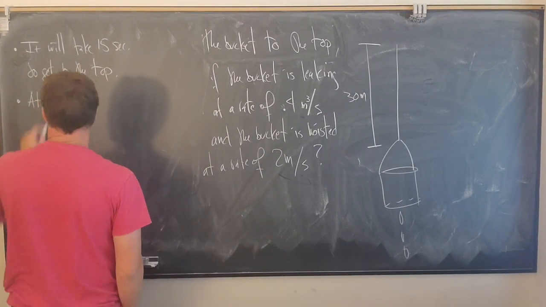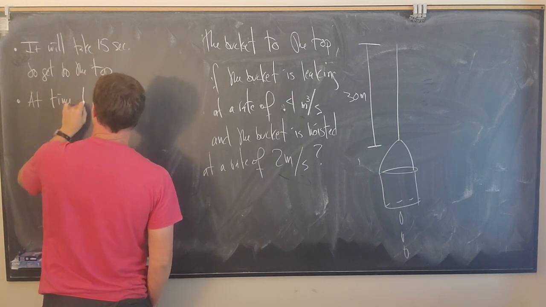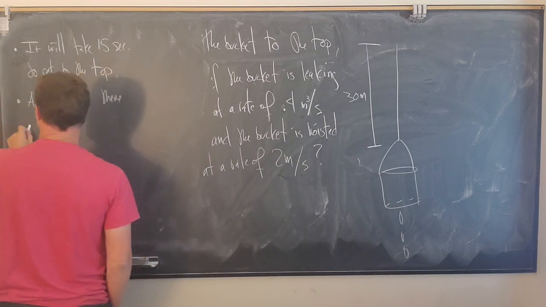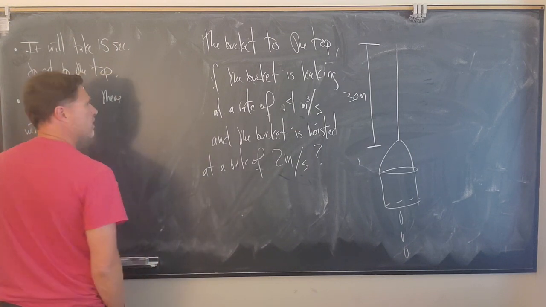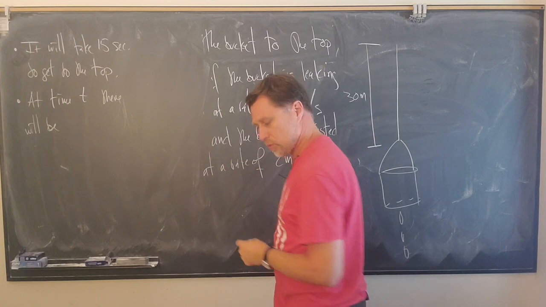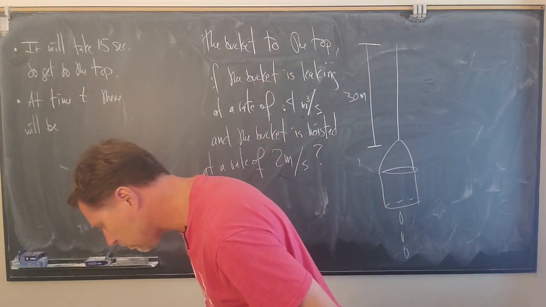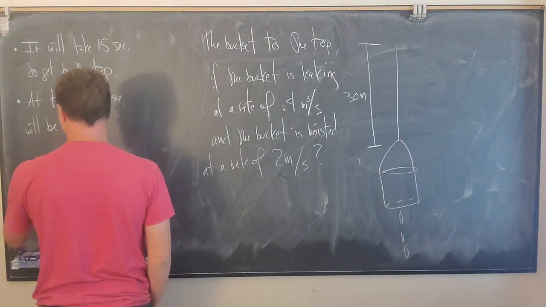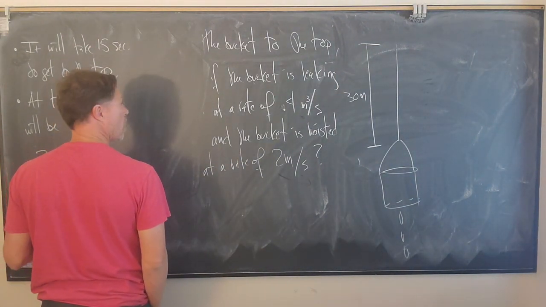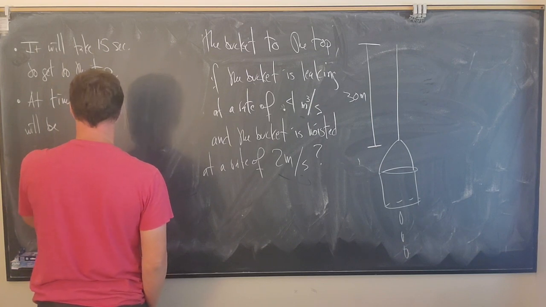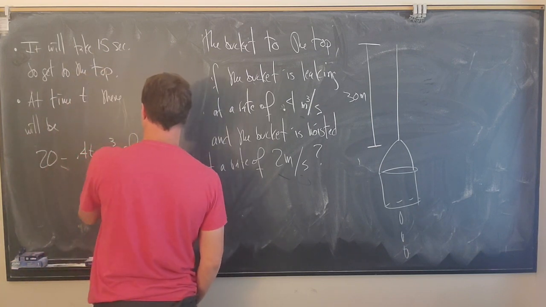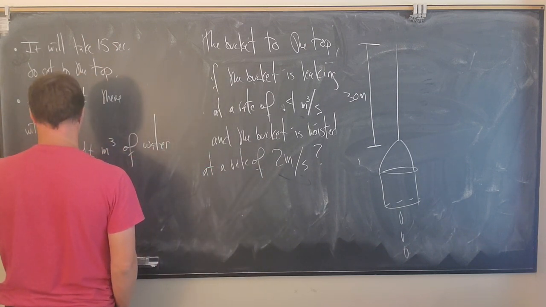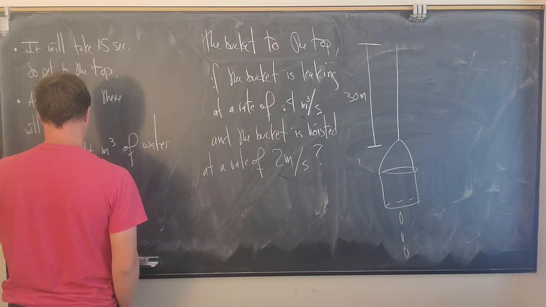So at time t, there will be, let's see, how much did we start with? I erased that part. I think we had 20 cubic meters. Yeah, 20 cubic meters. So at time t there will be 20 minus 0.4t cubic meters of water in the bucket.